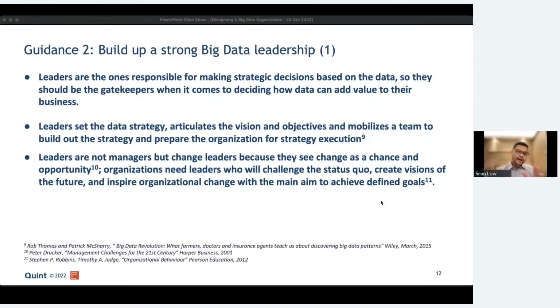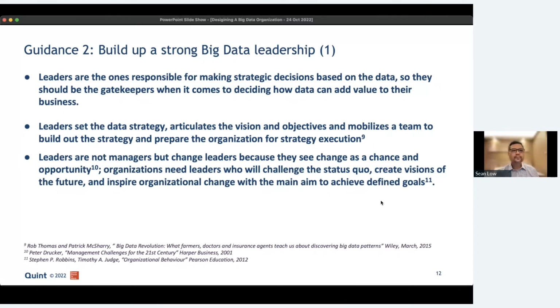Like I said, if you look at point 3, leaders are not managers but change leaders, because they see change as a chance and opportunity, they challenge the status quo, and they support the work that needs to be done through big data. Leaders are important, because if you don't have strong leadership to support big data, decisions cannot be made.